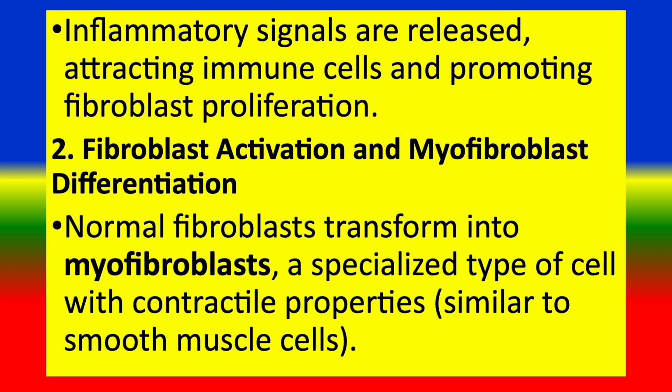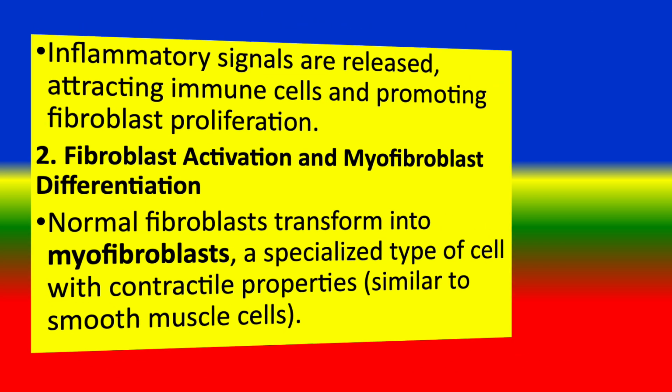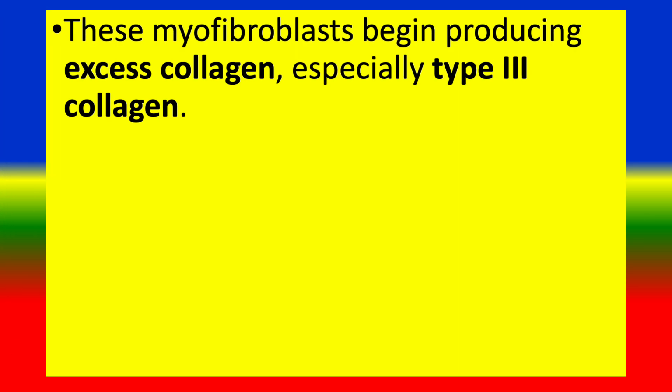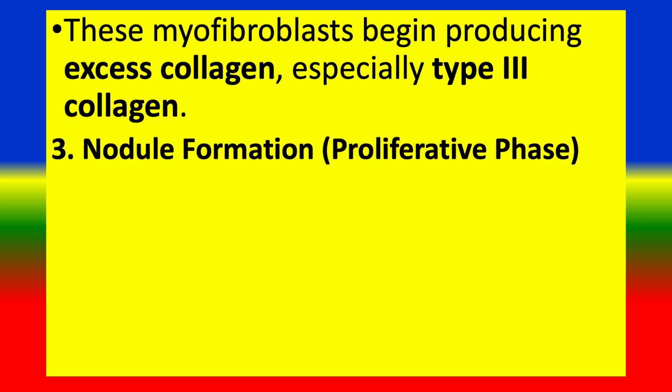Normal fibroblasts transform into myofibroblasts, a specialized type of cell with contractile properties similar to smooth muscle cells. These myofibroblasts begin producing excess collagen, especially type 3 collagen. 3.